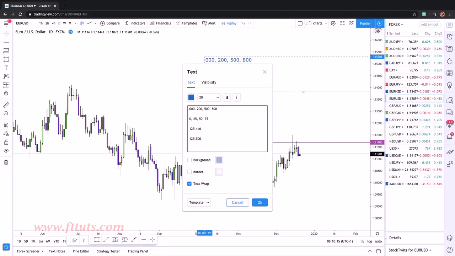But let's say that 1.25500 key level is covering the bodies and you don't want to cut off the bodies, okay? Then the closest round number to 1.25446 would be 1.25450, and that would make more sense. So always round the numbers.